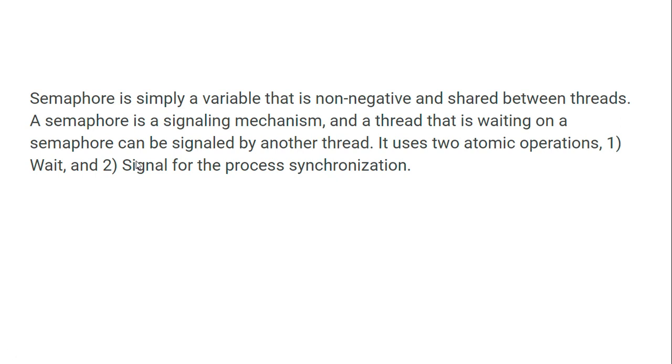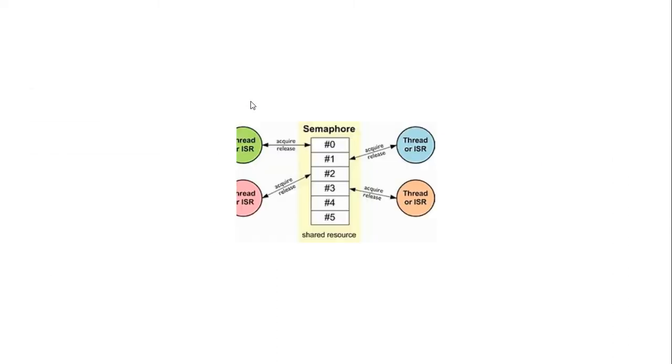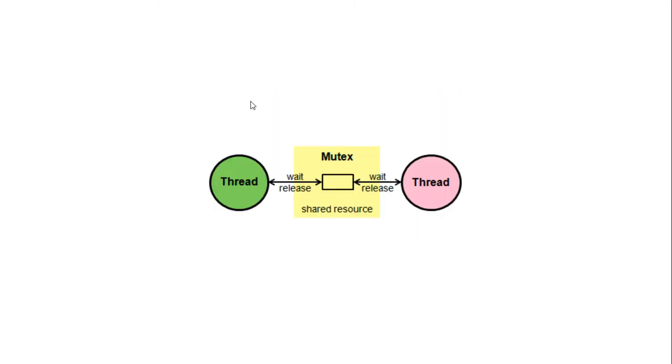Multiple threads can acquire the lock based on the count. This is the difference between semaphore and mutex. I will discuss the semaphore in detail in another video with an example.